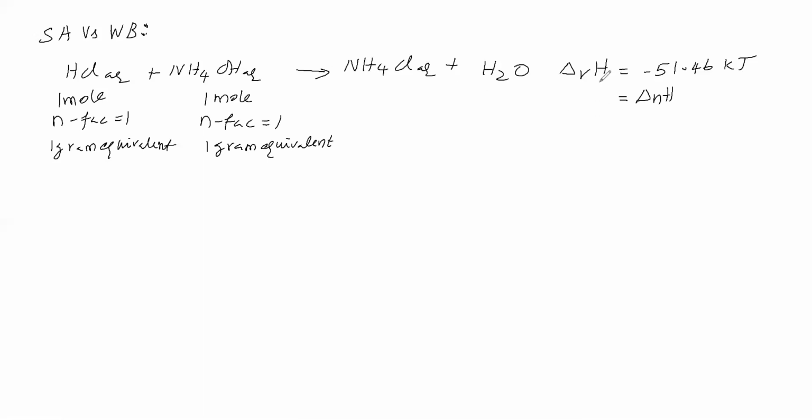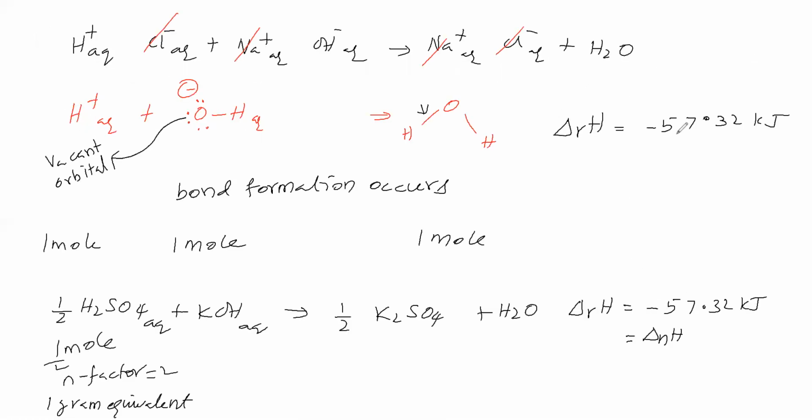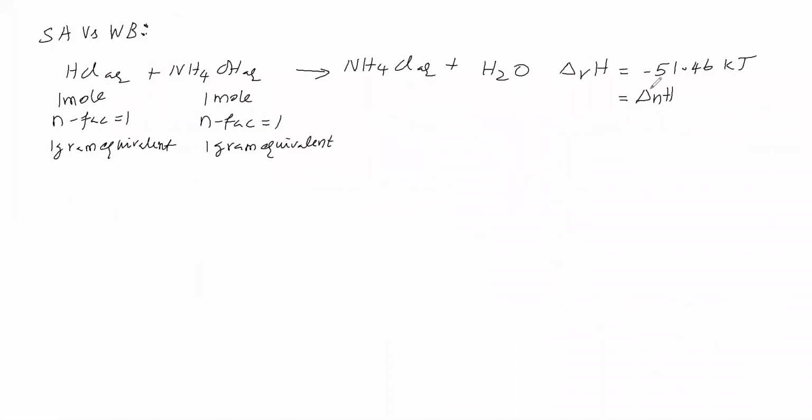Now we will compare this enthalpy of neutralization with the previous case. In the previous case, the enthalpy of neutralization was minus 57.32 kilojoule. Now it is minus 51.46. So why is the enthalpy of neutralization lower now? It is getting decreased.